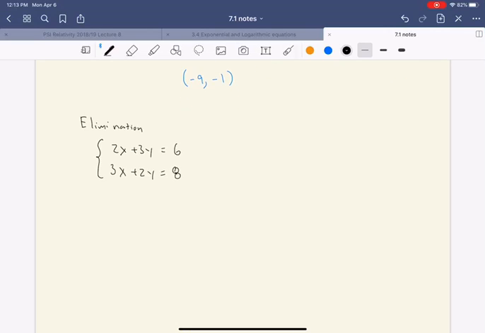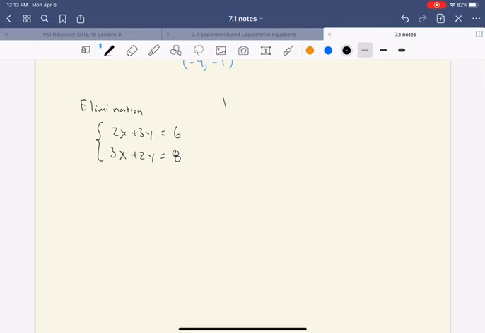Now, the first thing we have to do is balance the equations. So we're going to balance the y's. Okay? And when we balance the y's here, we're going to make it so that the y's cancel.